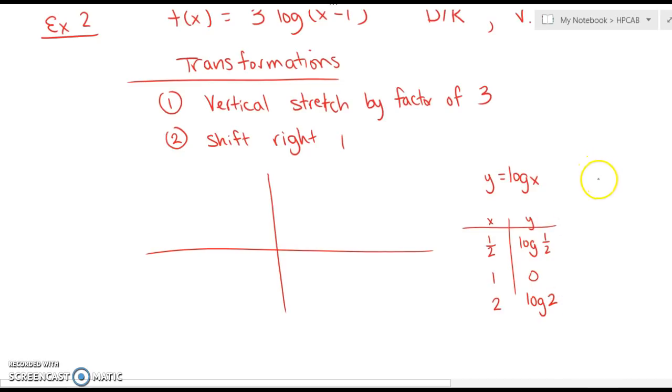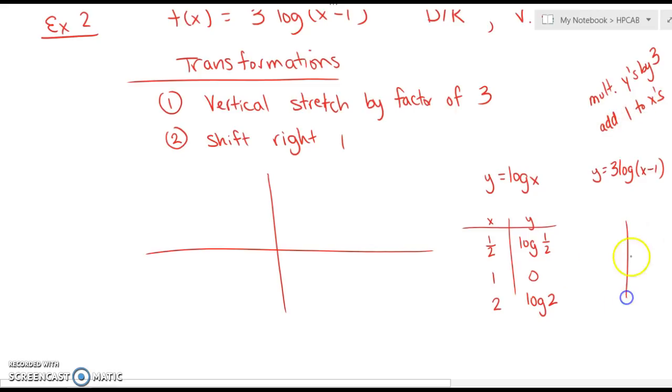All right, now this thing, we have 3 log quantity x minus 1. What's going to happen is the 3 is going to affect your y's, so you're going to multiply the y's by 3. All right, and for the x minus 1, you're basically going to the right one, which means that you're going to add 1 to the x's.